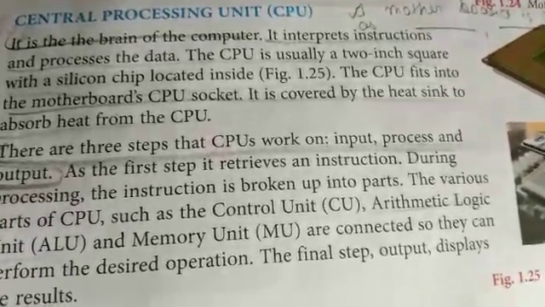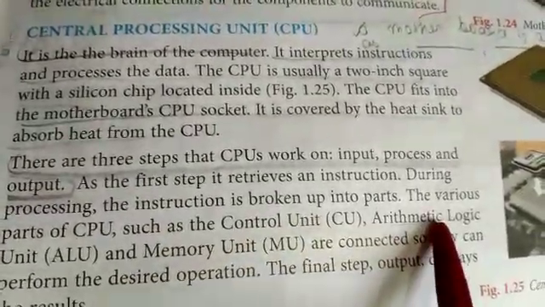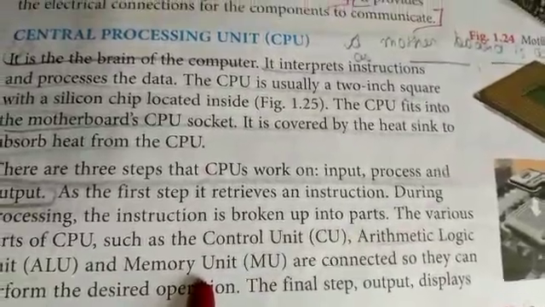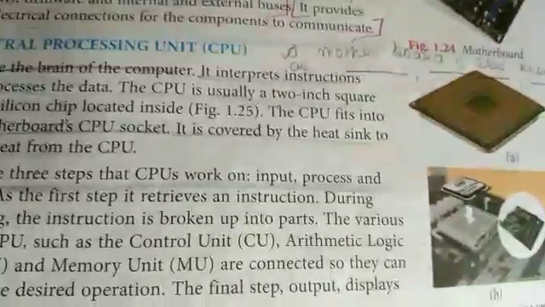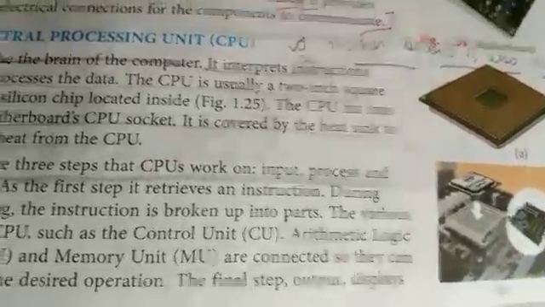The various parts of CPU are the control unit, arithmetic logic unit and memory unit, so that they can perform different operations.